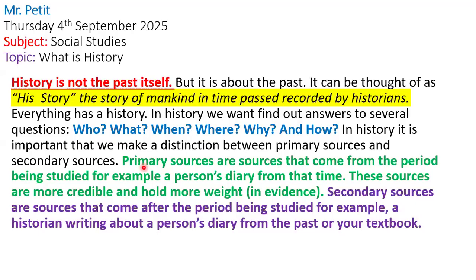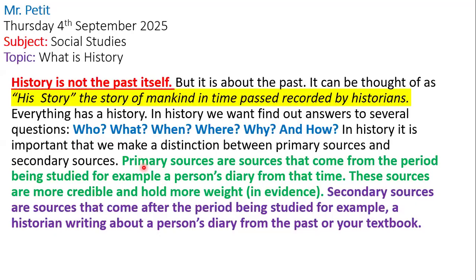The historian says, wow, we've been looking for this manuscript for ages. And the historian writes about the diary: in this diary, we see certain things, this gives us more information about that. So would that be primary or secondary? Secondary.